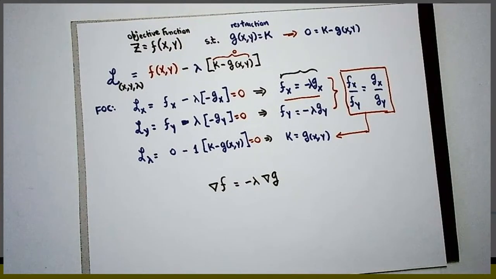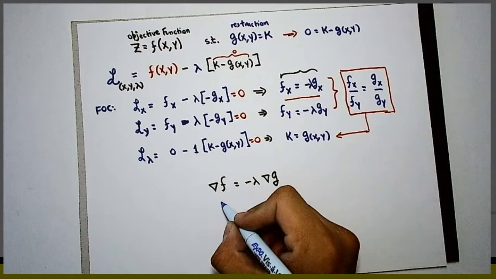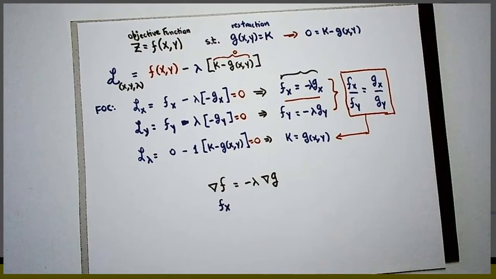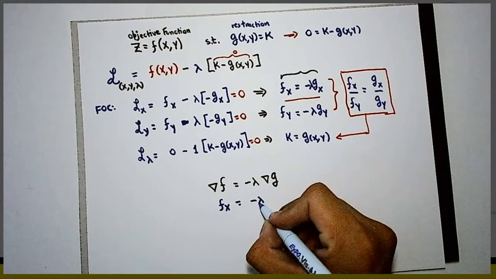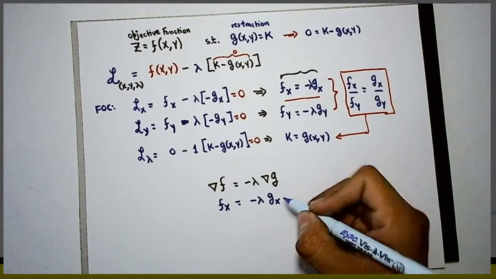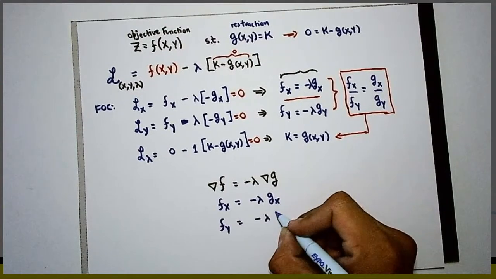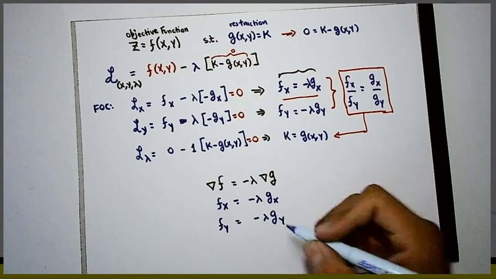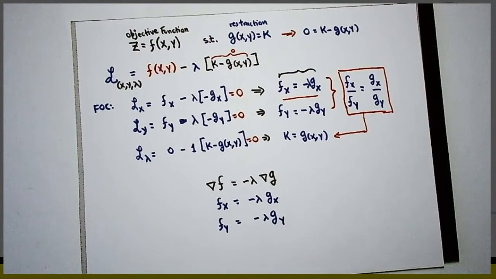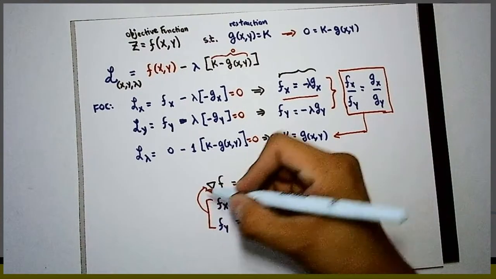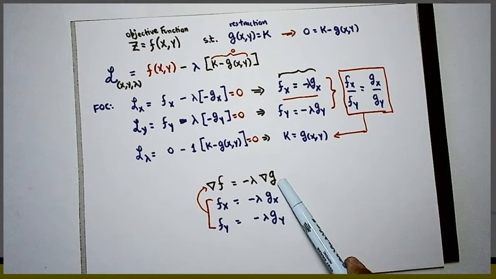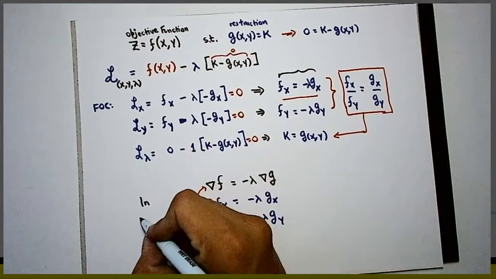And remember, the gradient was simply f of x and f of y. So these two came from here. And as you can see, we actually use the reversal to prove it. So this is in gradient terms.